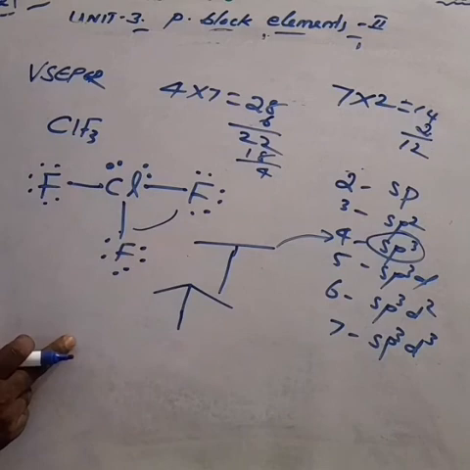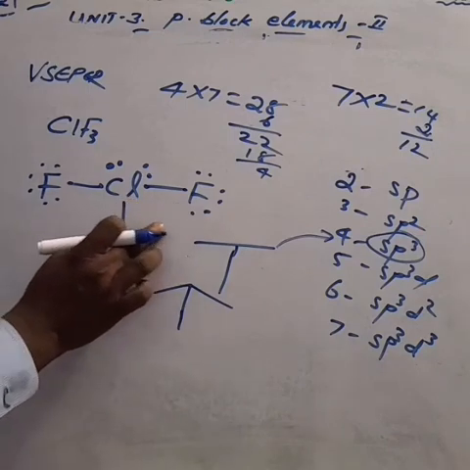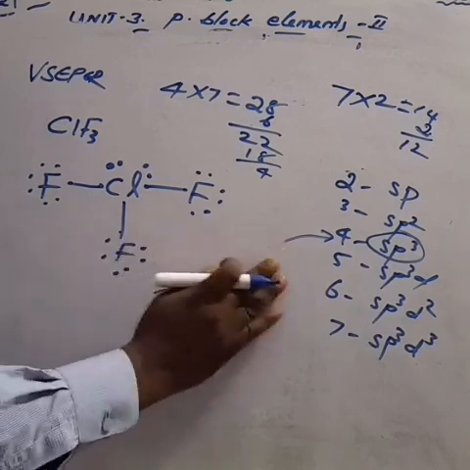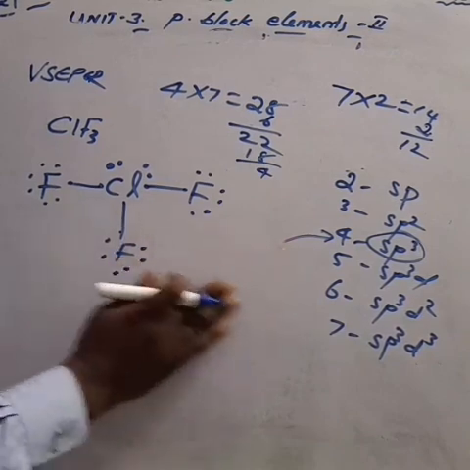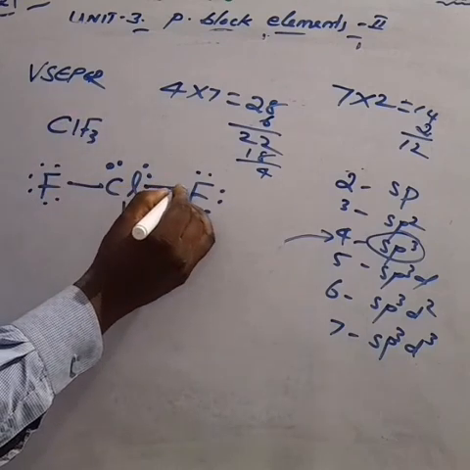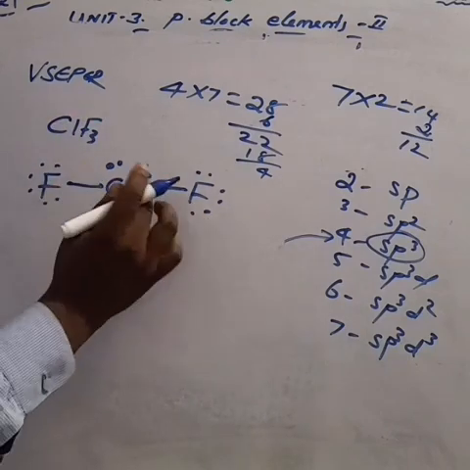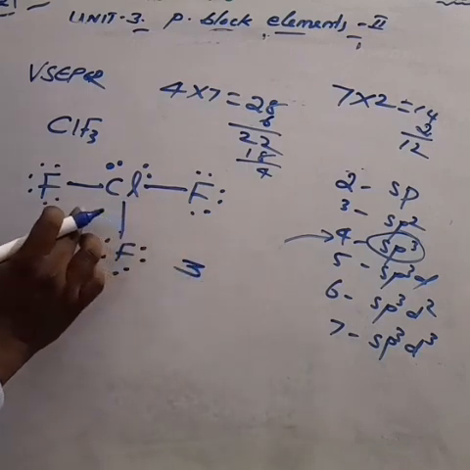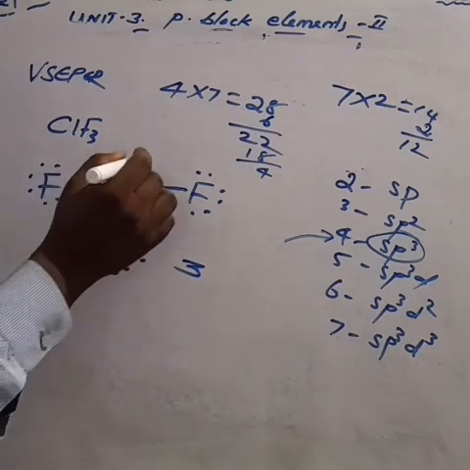So what is the hybridization? We can find the hybridization. For this entire molecule, not 1 fluorine, the entire molecule, how much bond pair having here? 1, 2, 3. So 3 bond pairs.